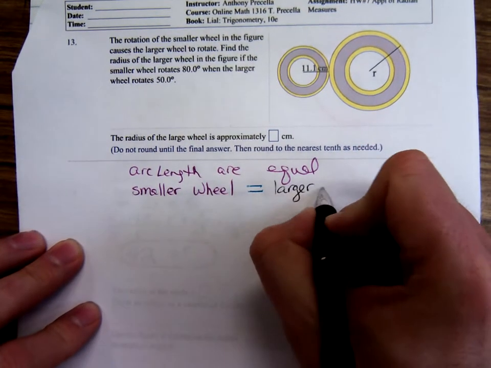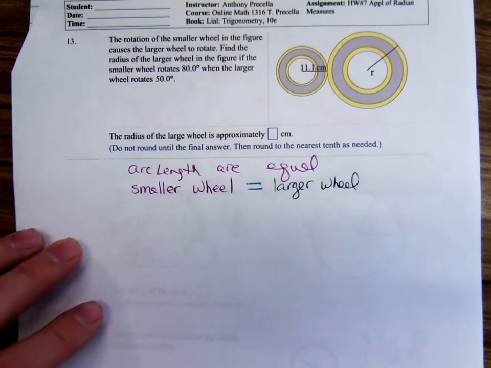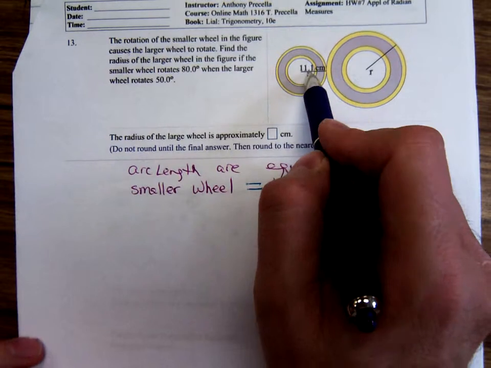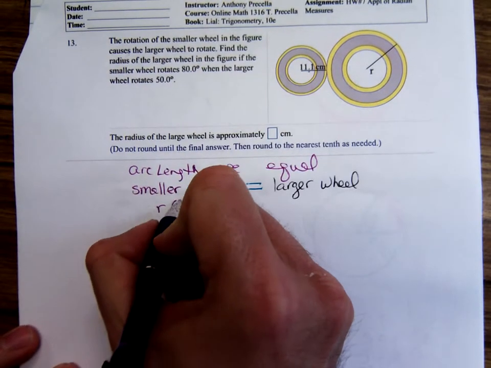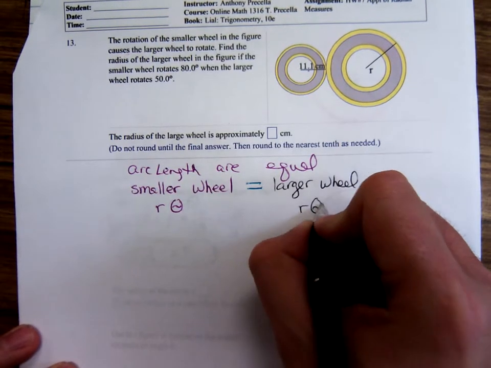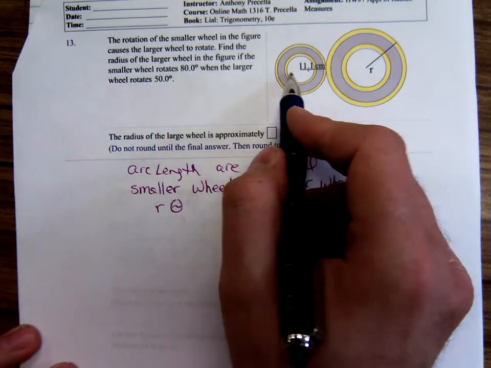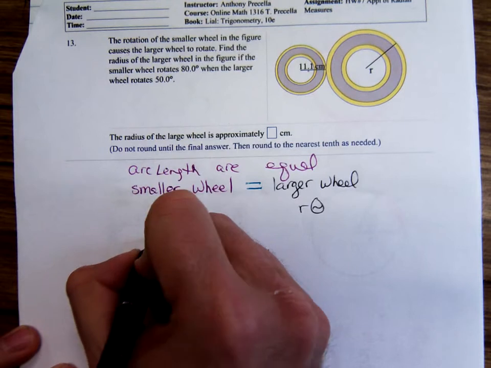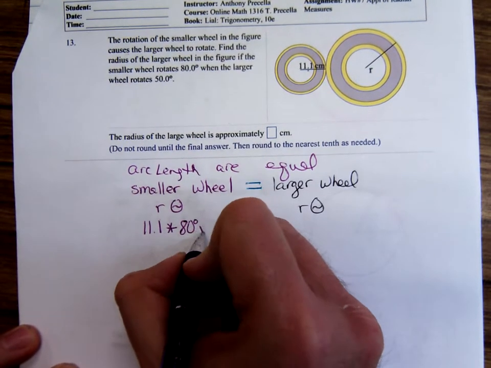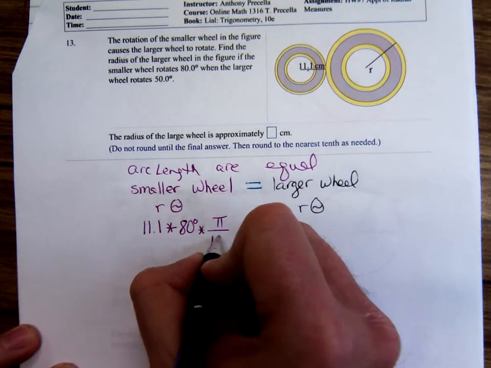So I'm doing R times theta on these. On the smaller wheel, R is 11.1. Theta is 80 degrees times pi over 180 degrees.